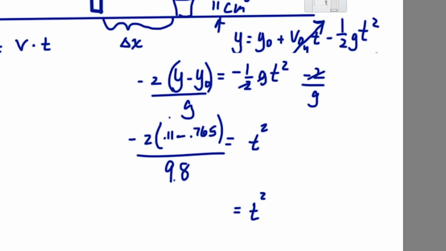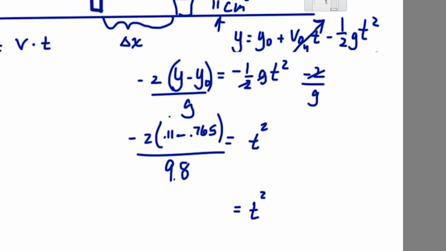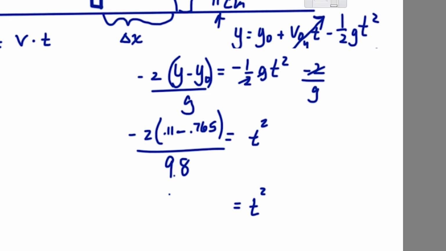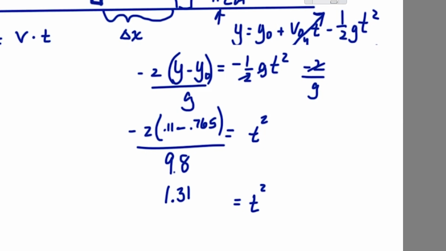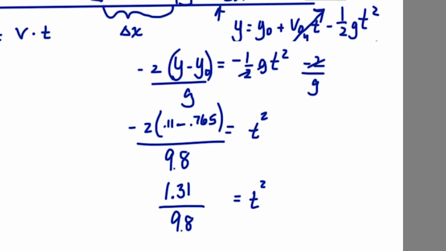So what do we get there? 0.11 minus 0.765 gives us a negative 0.655. We multiply that times -2 and get 1.31, over 9.8.